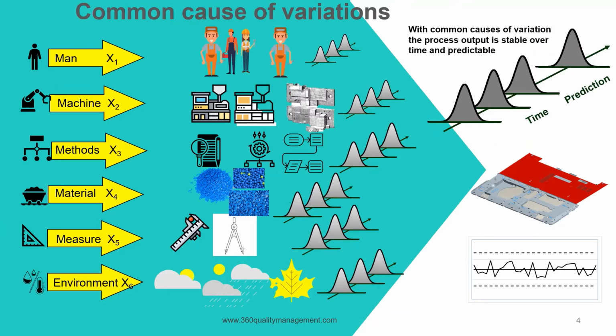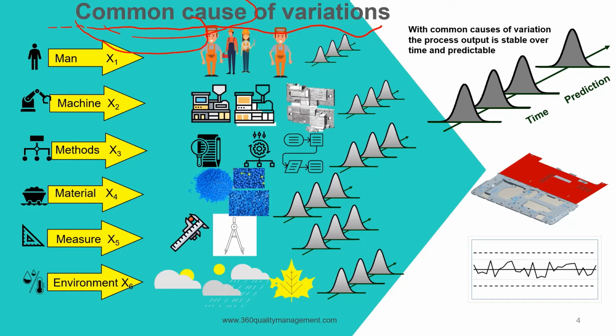There are two types of process input variation which impact the process output, the end product, in different ways. Here, we shall look at the first type of variation, which is known as common cause variation or natural variation.